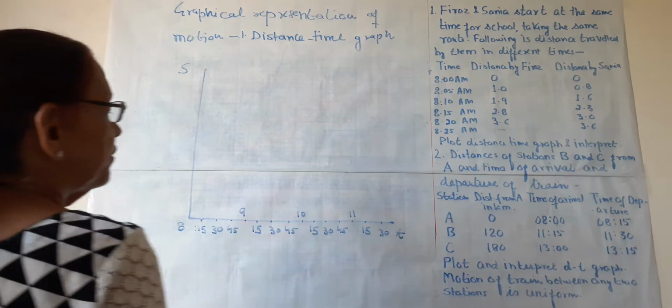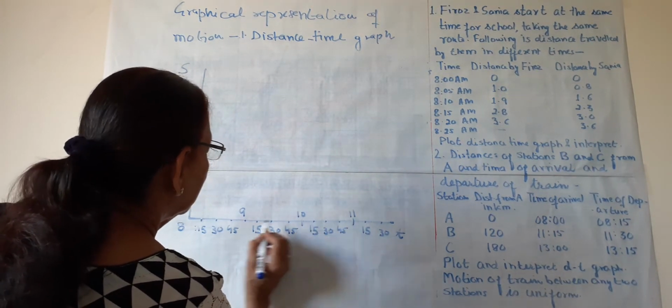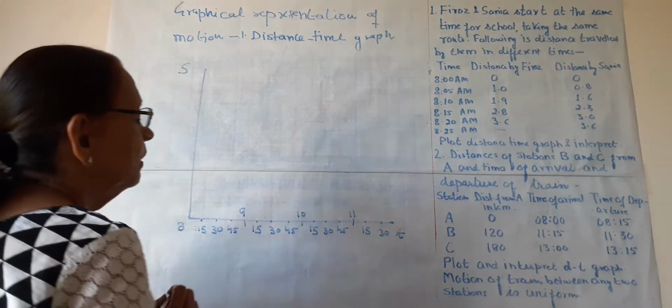This is sufficient. So this is the time axis. These are 8 o'clock, 9 o'clock, 10 o'clock, 11 o'clock.